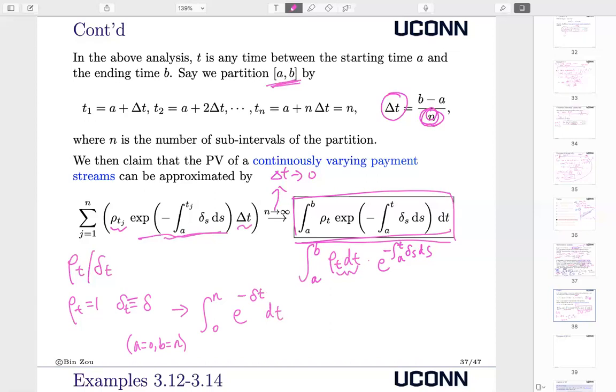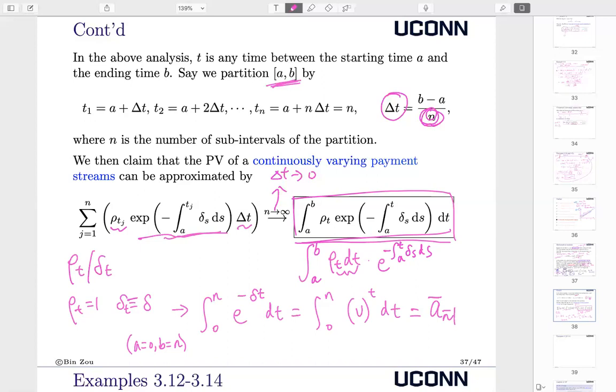Right, and what do we know? e to negative delta is exactly the 1-year discounting factor v. I need to put a bar. So this is A bar angle n. So that is the present value of a continuously payable annuity for n years.